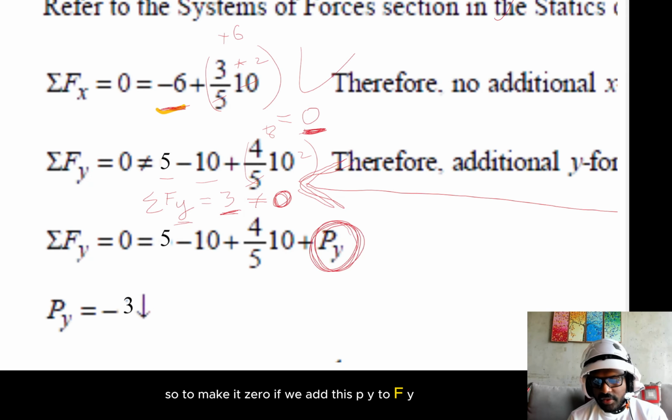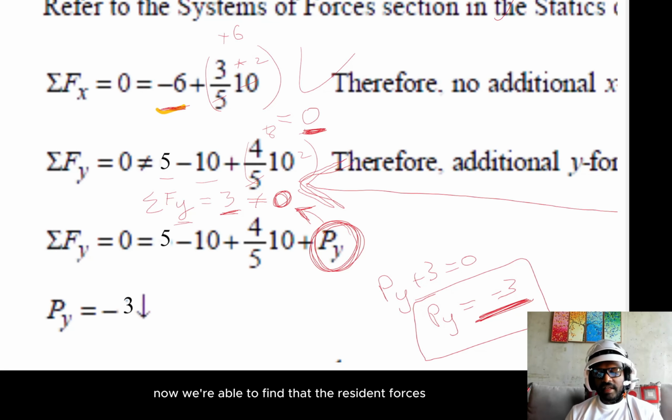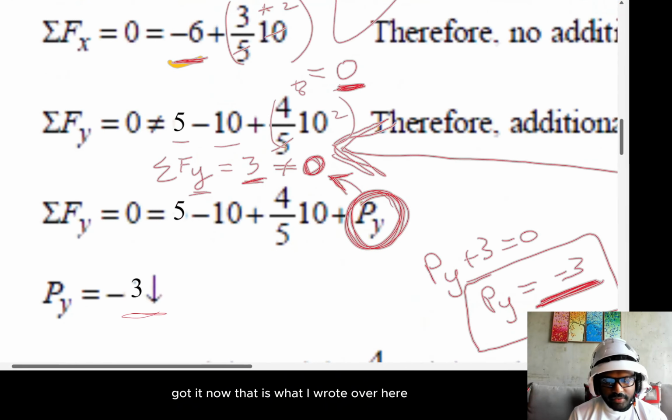So to make it 0, if we add this Py to Fy, then sigma Fy will become 0. That's how. So Py plus 3 will be equal to 0. That means Py is equal to minus 3. Now we are able to find that the resultant force is minus 3 going in the y direction. Got it? That is what I wrote over here.